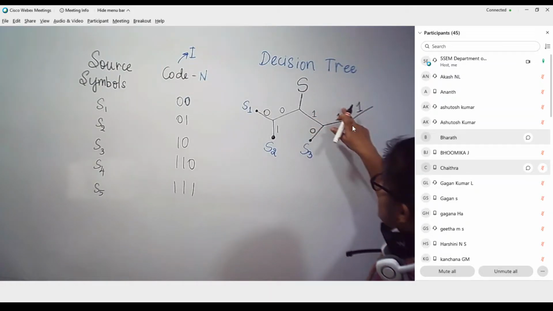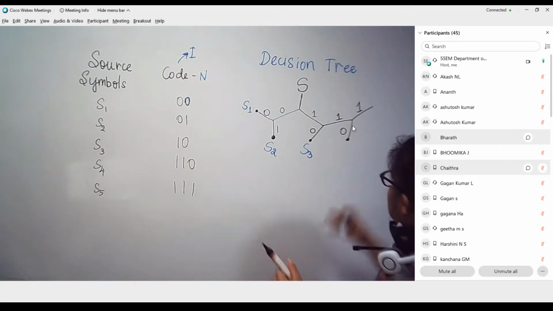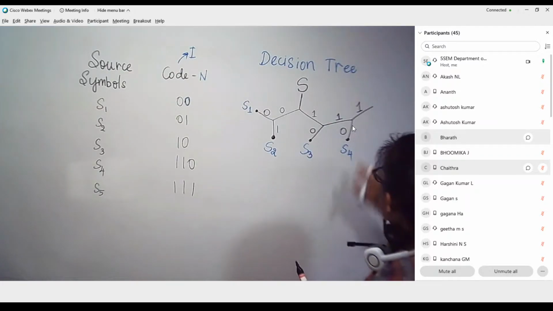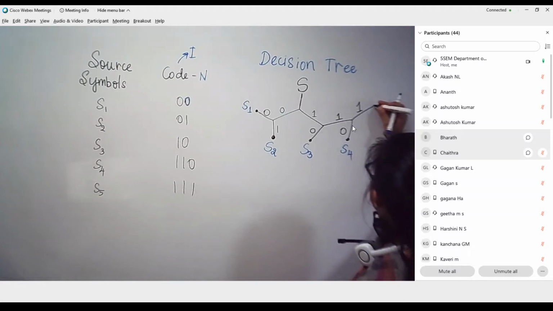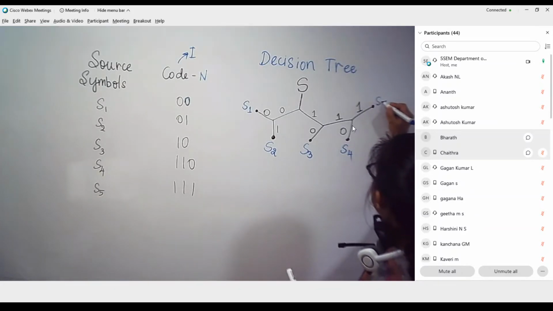See here, 1 1 0 is a code, so this branch gives me S4. And then 1 1 1 is the last code, the last symbol, represented as S5.